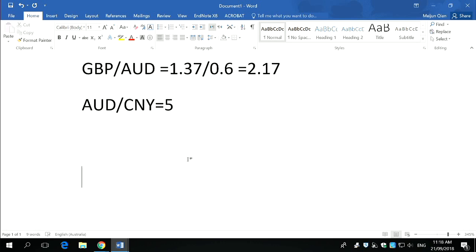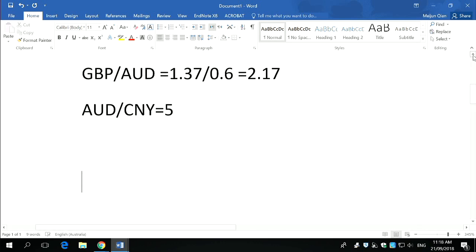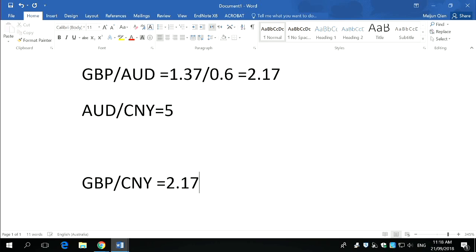Because there is one AUD at the bottom and one AUD on the top, instead of dividing, now I multiply, right? If you multiply these two, the AUD on the top and the bottom cancels out. You're left with this, and here it will be 2.17 multiplied by 5, right? Then you get the number.